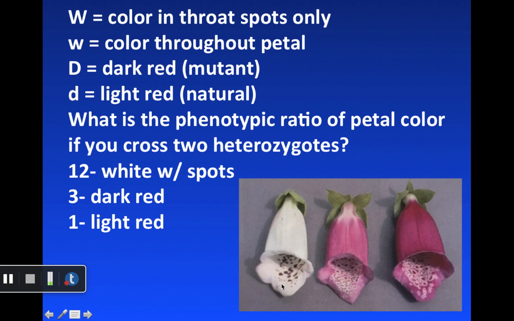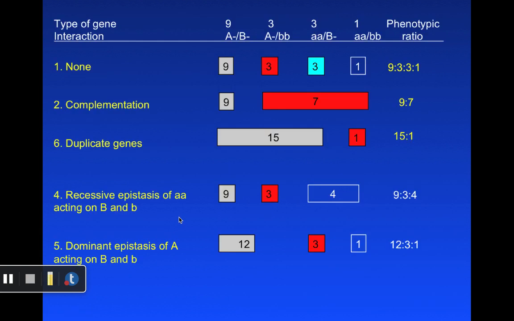So 12 of your offspring are white with spots in the throat, 3 are dark red, and 1 would be light red. Again, that would be the one that is homozygous recessive for both the W and the D genes. So again, this 12:3:1 ratio is very characteristic of dominant epistasis.